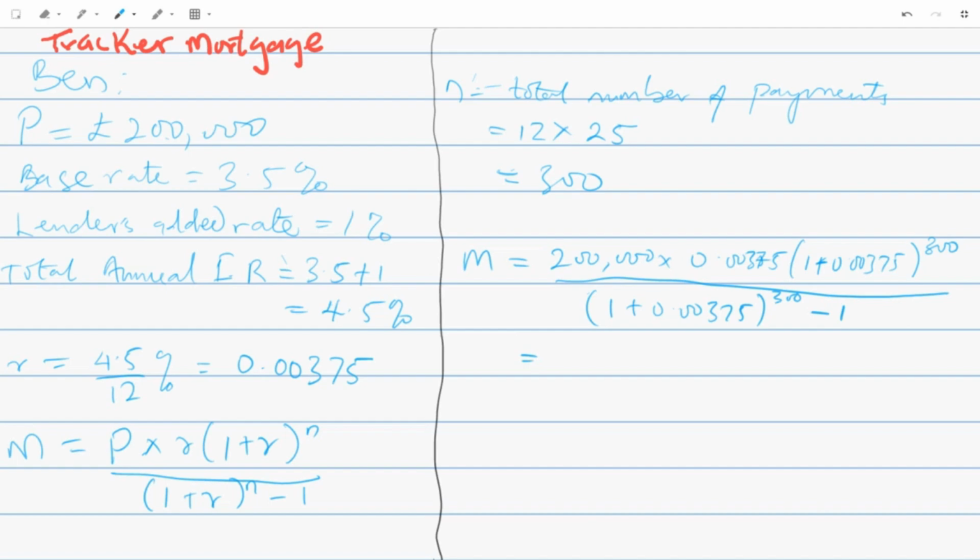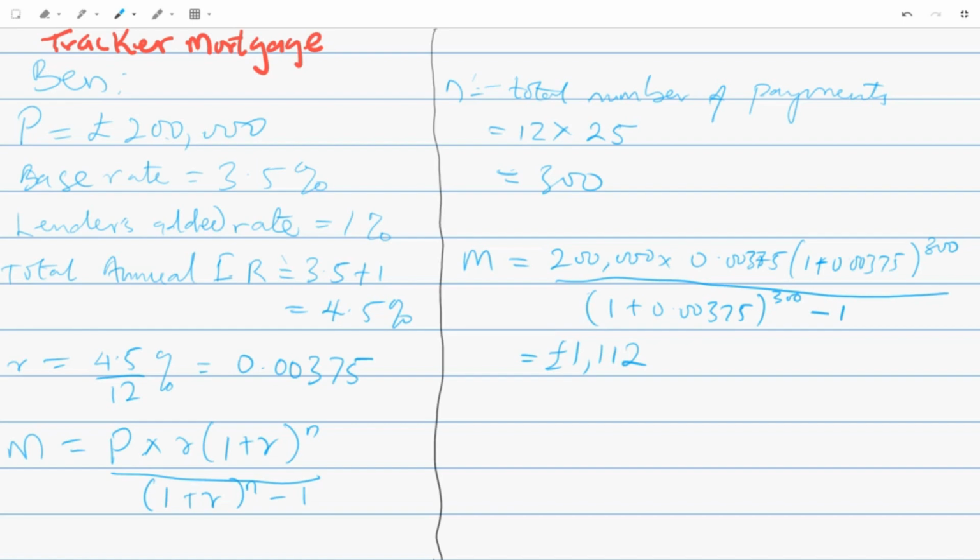Now, as I always say, if you want to do this type of calculation, ensure you do the brackets first before you do the outer bit, and then multiply by the 0.00375 to get the accurate result. So if you do this accurately, what you would come up with is 1,112 approximately.